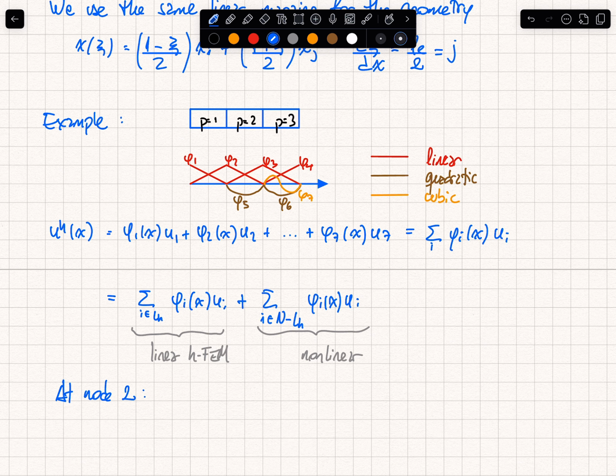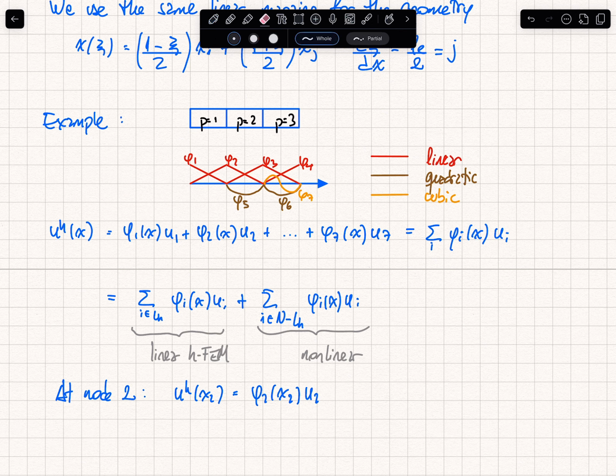Because as we said, all the nonlinear functions are basically going to vanish at the locations of the nodes. So at that location, I have uh_h(x2) is equal to phi2 evaluated at x2, times u2, but I know that this whole thing is equal to 1, and so it is equal to u2.